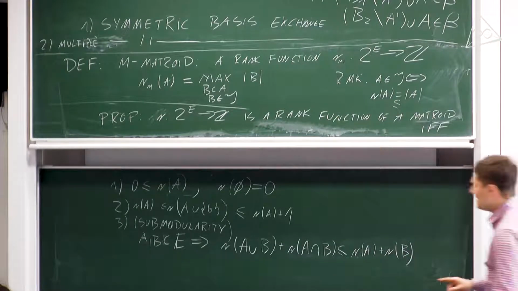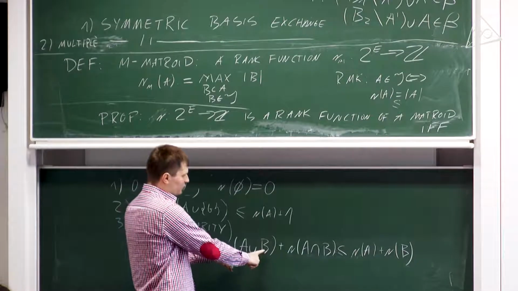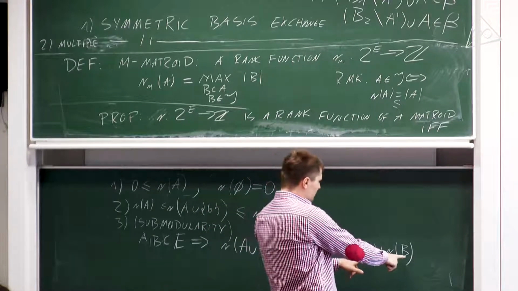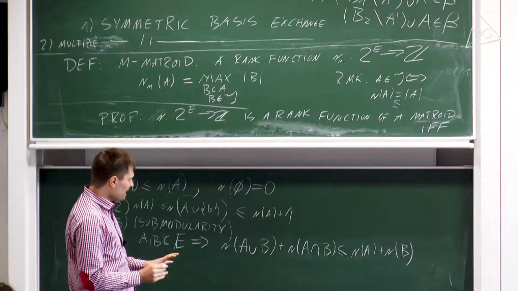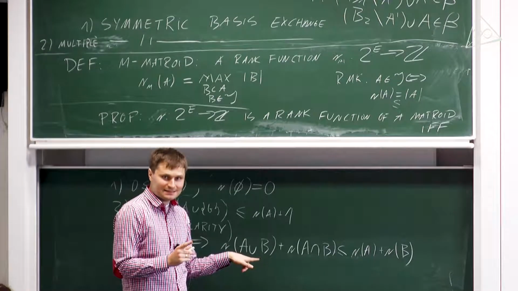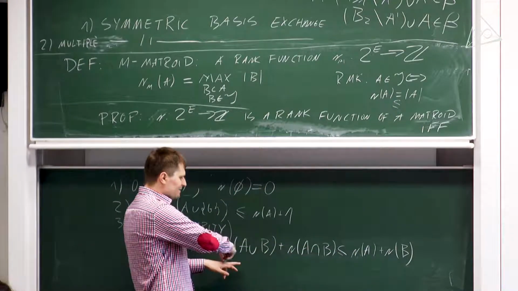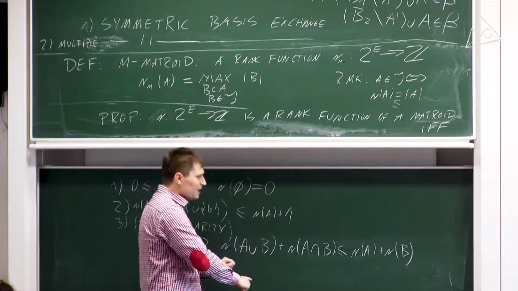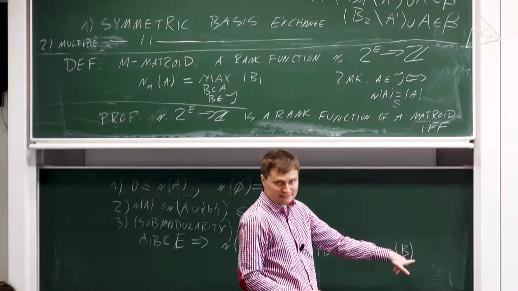Okay, so it tells us that no matter which sets we take, the rank of the union plus the rank of the intersection of sets is less or equal than the sum of the ranks. It looks maybe a little unintuitive, but if you think about dimensions of vector spaces spanned by them, this is very clear. Because, well, this is the dimension of the space spanned by A union B. Yeah? This is the dimension of the space spanned by A. This is the dimension of the space spanned by B.